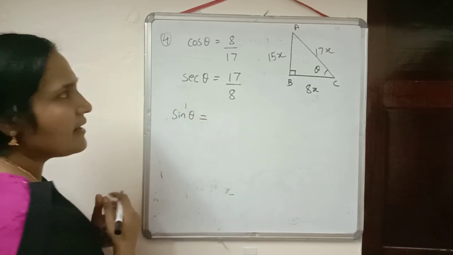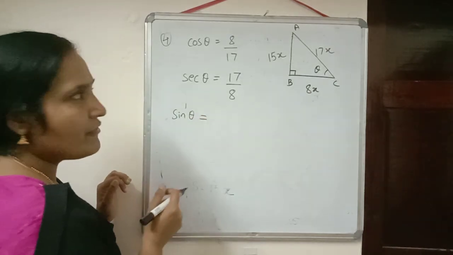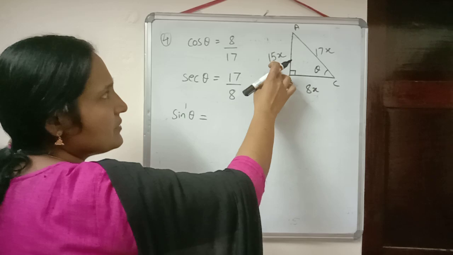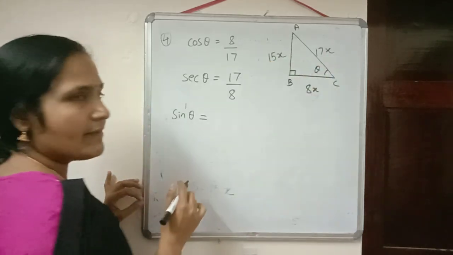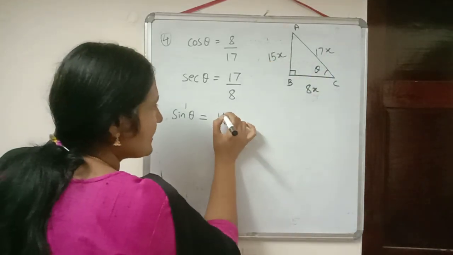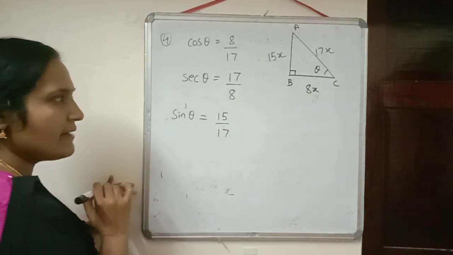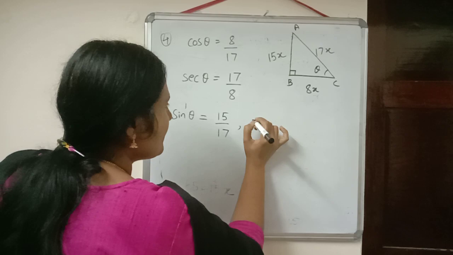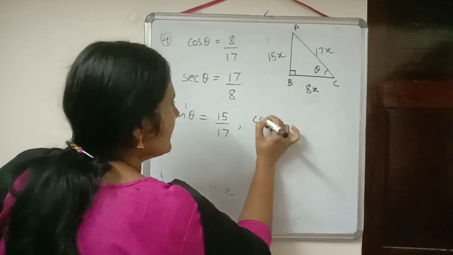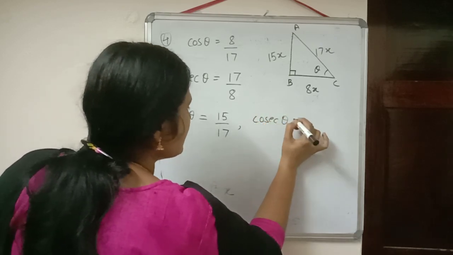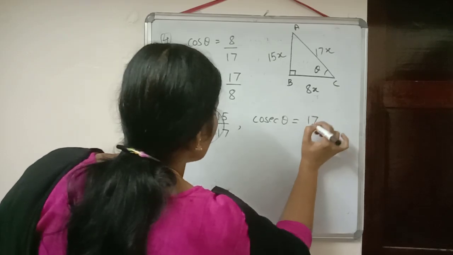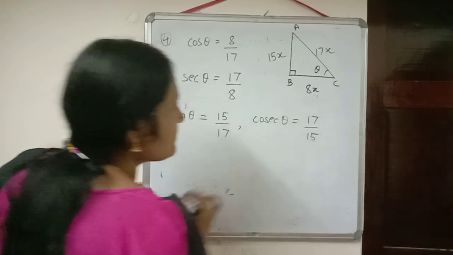What is sin theta? Yes, according to the formula, sin theta will be equal to 15x by 17x. So x and x will get cancelled. We will get sin theta is equal to 15 by 17. And what is the reciprocal of sin theta? Yes, very good. It is equal to cosec theta. So cosec theta will come 17 by 15.